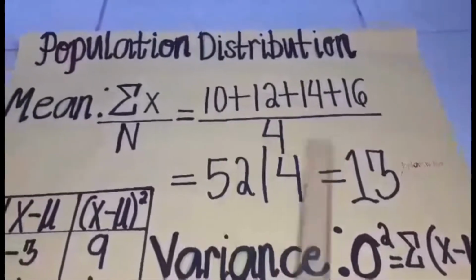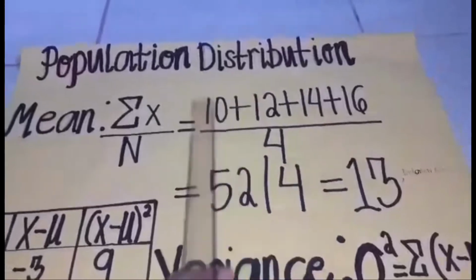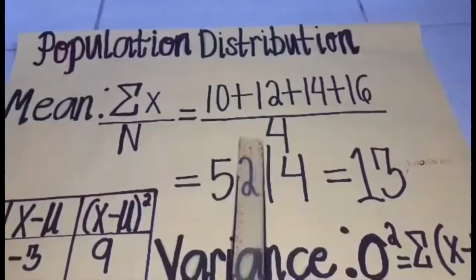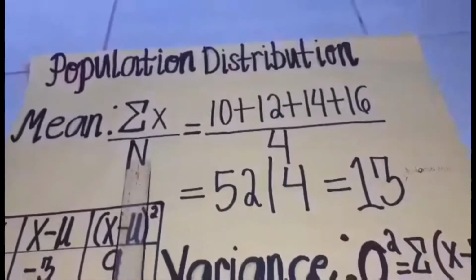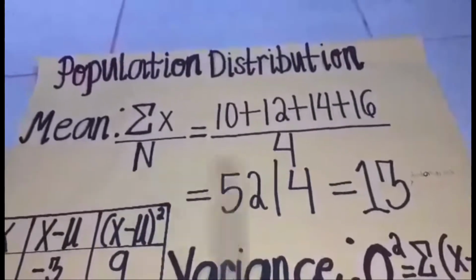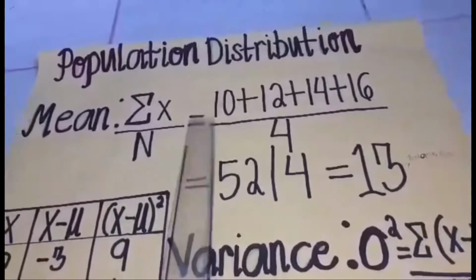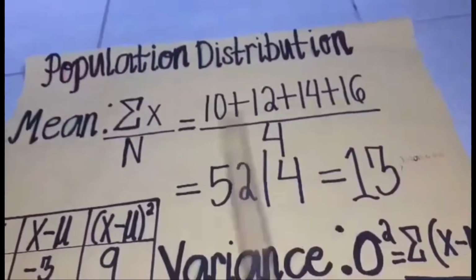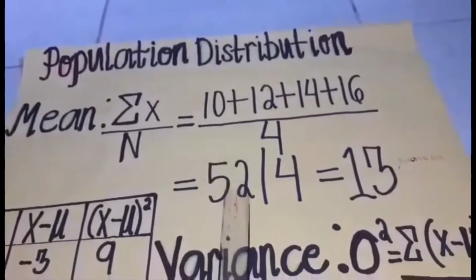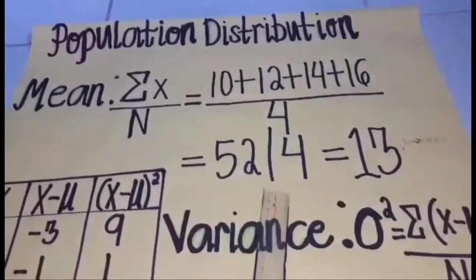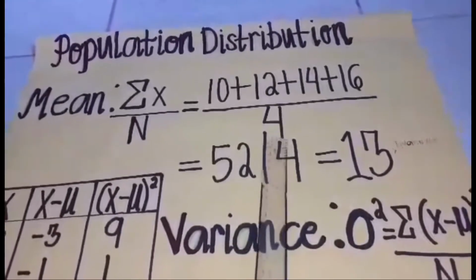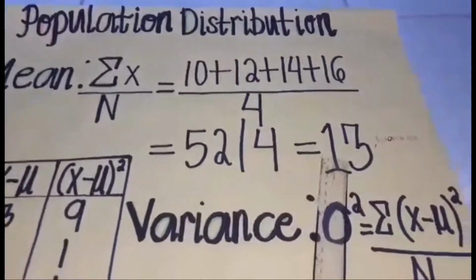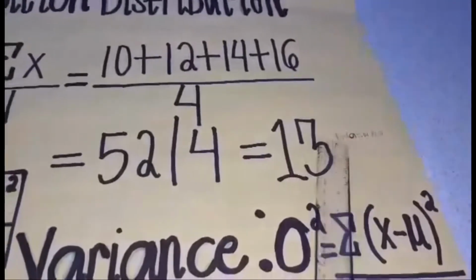You can use your calculator naman para mas ma-check n'yo na rin, all over the 4, which is our population size kanina sa sample natin na binigay ko. So, kapag i-add natin 'to, itong apat na 'to is equal to 52 all over 4. 52 divided by 4 is equal to 13, and yan na yung ating population mean.